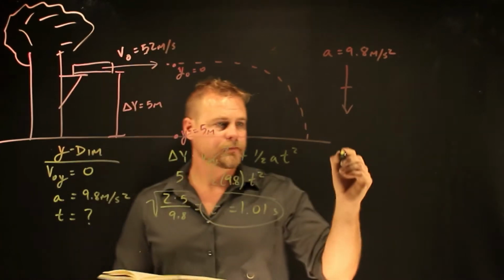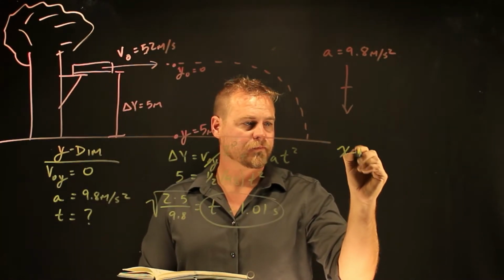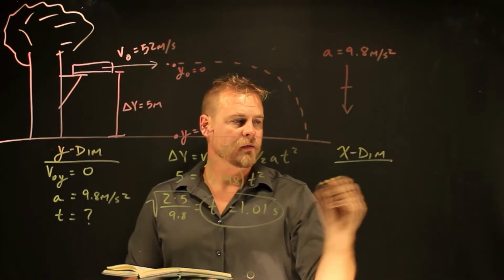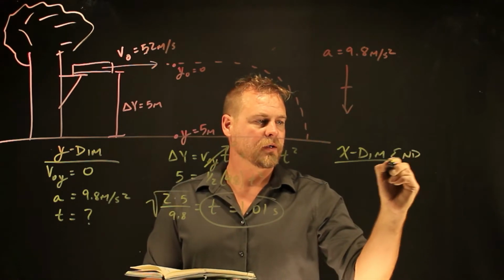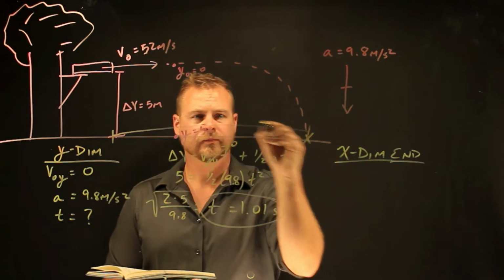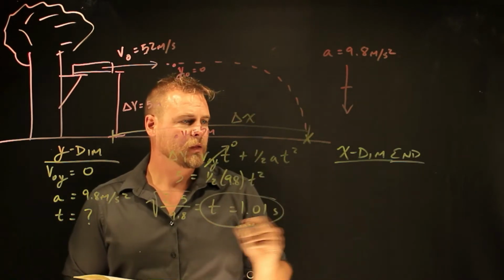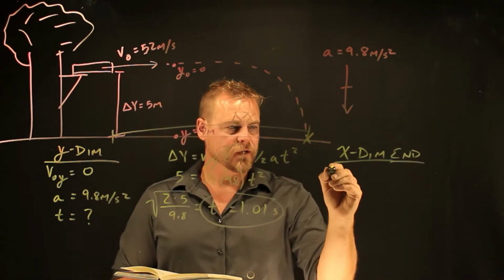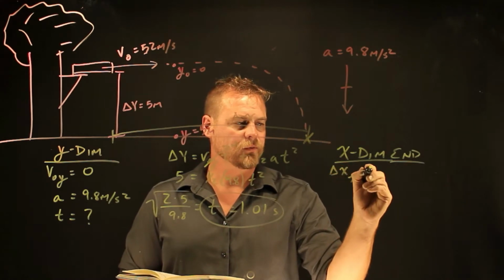So for distance, I'm going to look at the end point here. And so if I lay out my variables again, my delta x in the x is what I'm looking for.